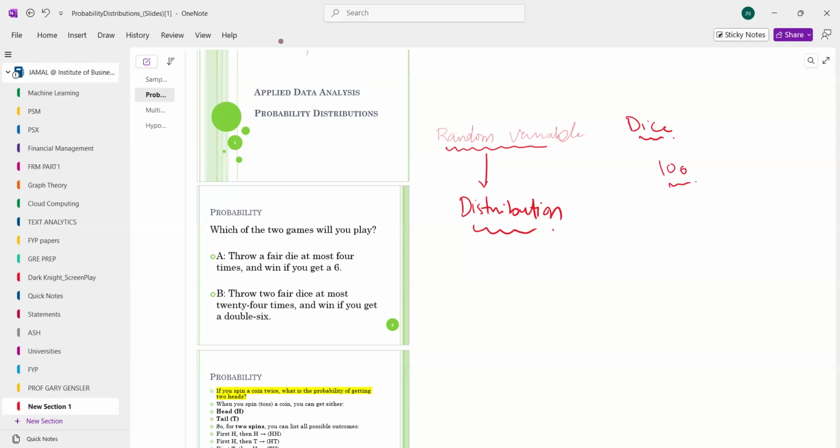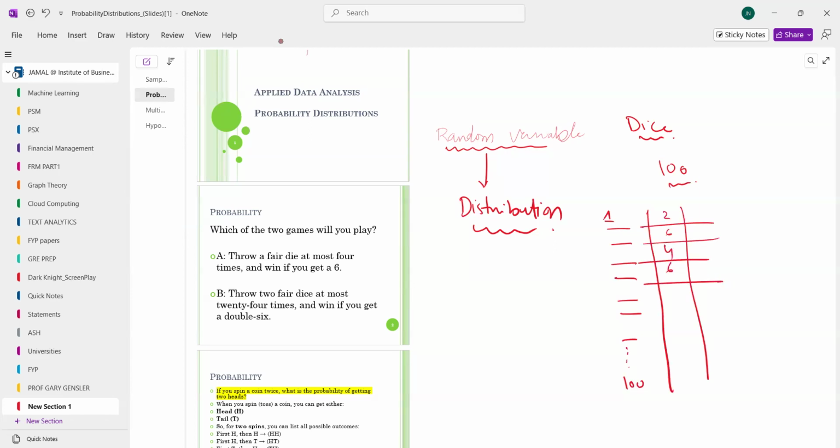For every throw, I'll be getting a certain outcome out of those six possible outcomes, right? So I'll have 100 outcomes, from the first trial up till 100 trials, maybe two, six, four, six, and so on, for the 100 trials.